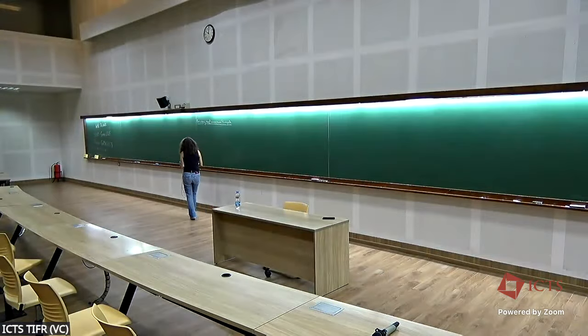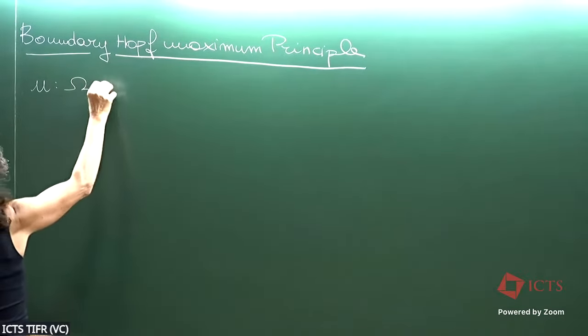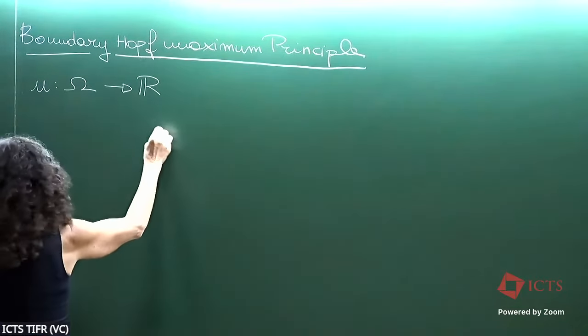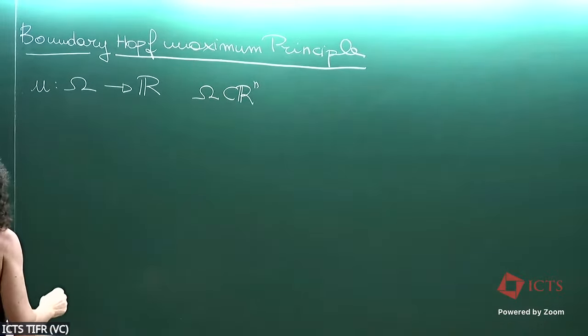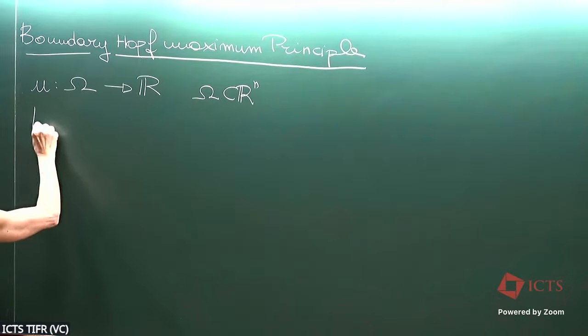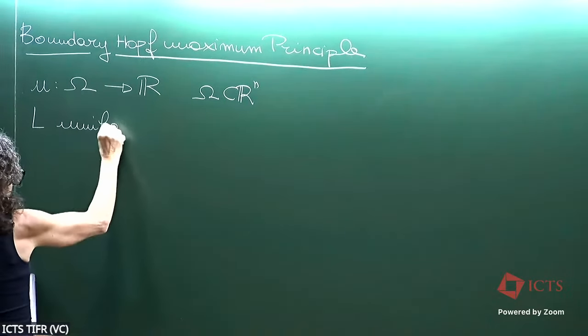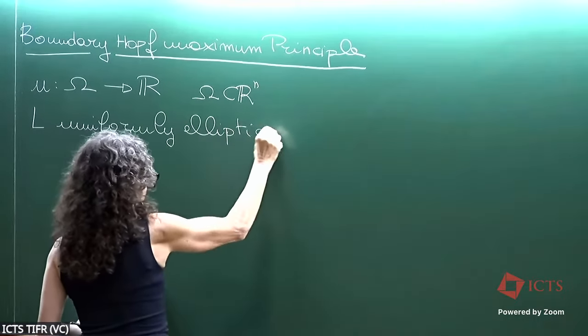Okay, we need some definitions in order to state it. We are not going to prove it, we are just going to state it. We get a function u defined on a domain omega. As usual, omega is a domain in Rn. And we take a differential operator of second order, as usual L, uniformly elliptic, linear.